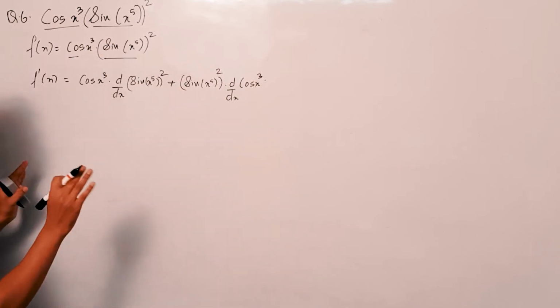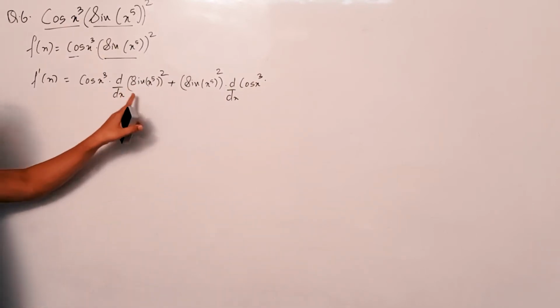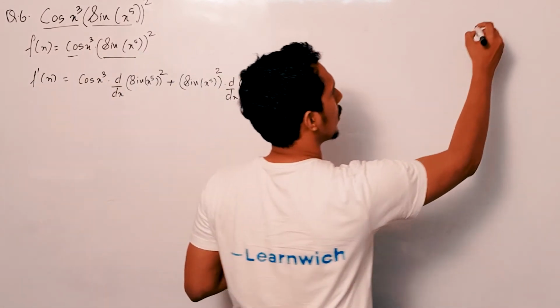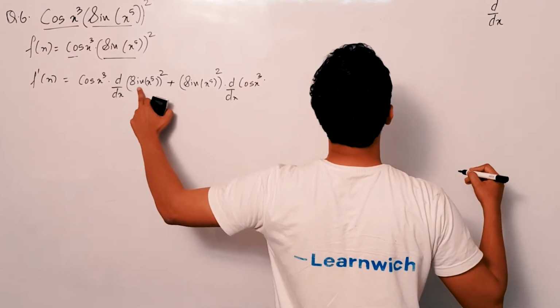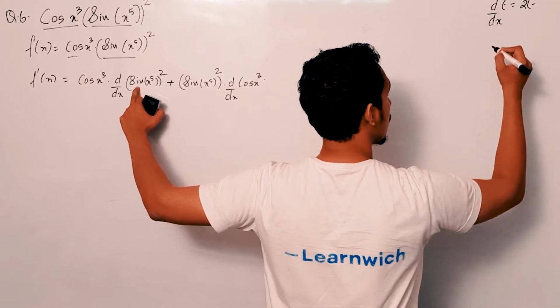Pay very close attention to what I'm doing. So look at this. There is a square function in the first place. Okay, so let's do that first. Let's consider this as d by dx of, let's say this sine x raised to 5 is t, then that will be t square. Your answer will be 2 times t, no?